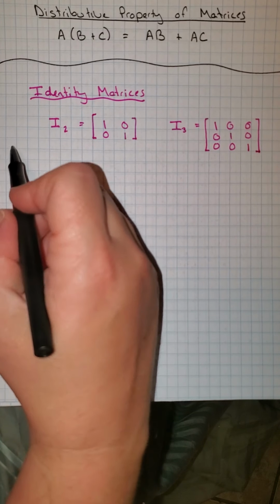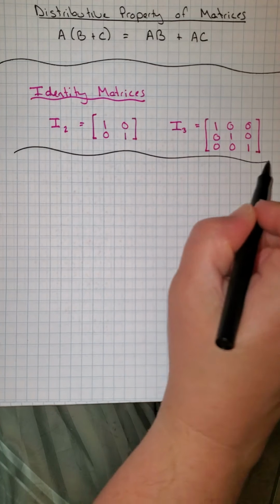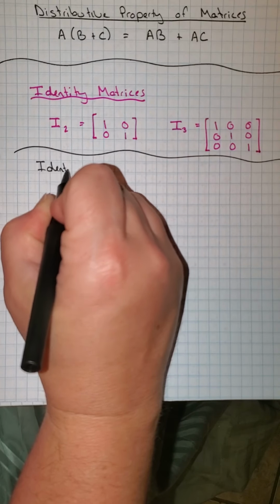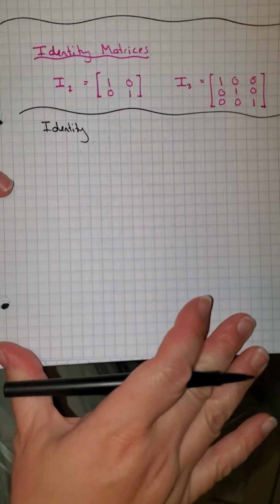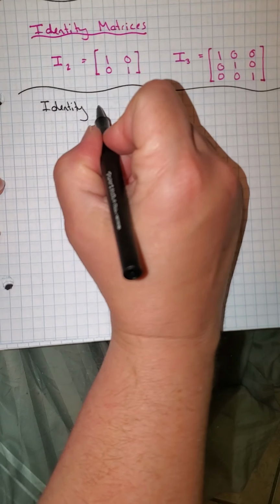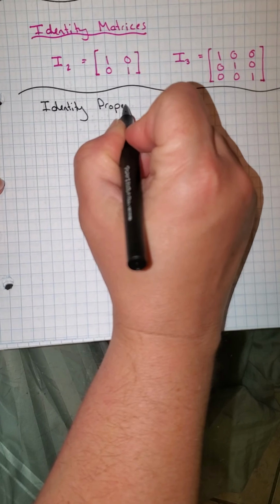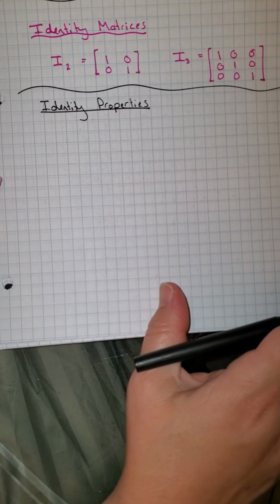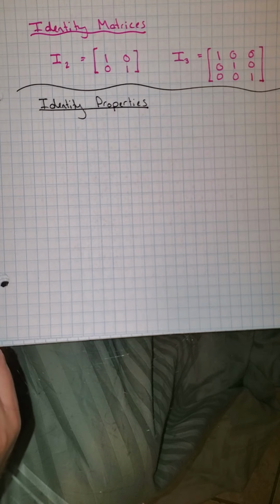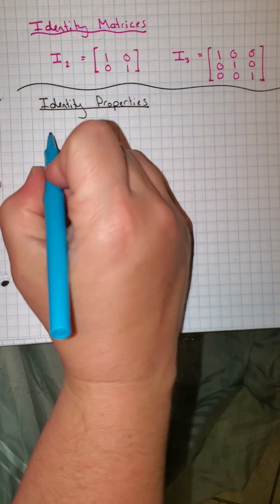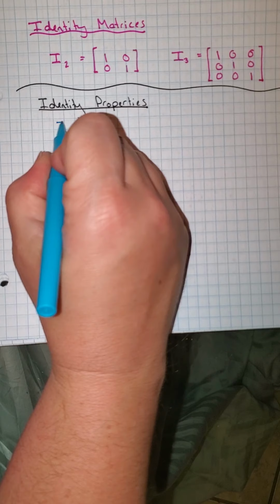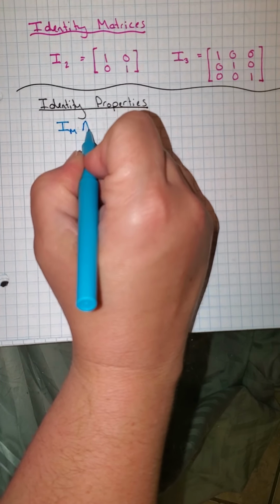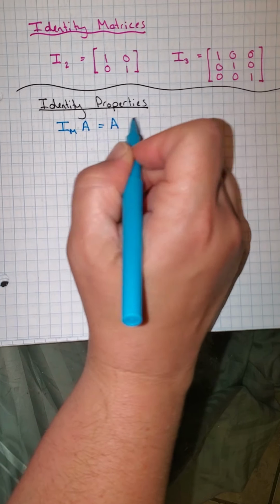Your identity matrices have identity properties. So if you multiply the identity matrix of whatever dimensions times the matrix A, you'll get the matrix A back.